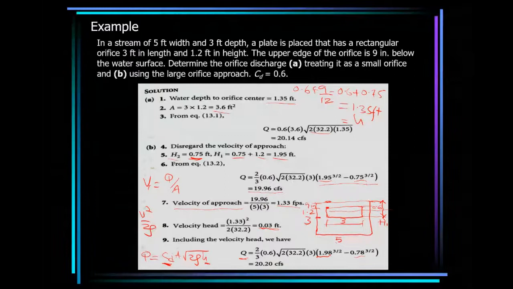But this is the way in case you are asked to include the velocity head. When we neglect the velocity head, it gives us 19.96 cubic feet per second, while if we include the velocity head, which is more realistic, we now have 20.2 cubic feet per second. Is it clear?